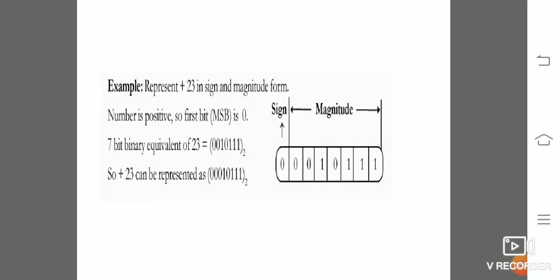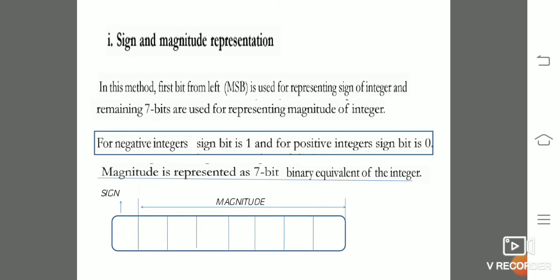Let's take an example. Represent plus 23 in sign and magnitude form. You can see the number is positive, so the MSB is 0. I have told before that positive integers are represented by sign bit 0 and negative integers by sign bit 1.